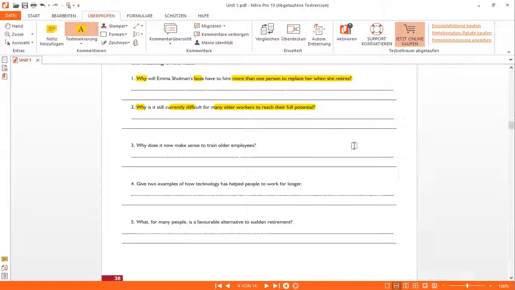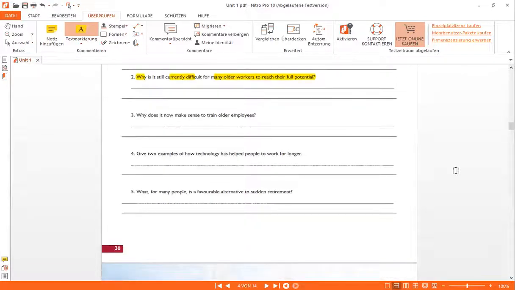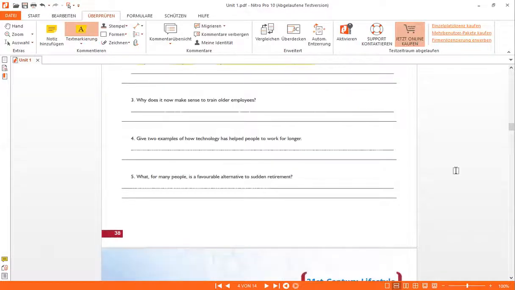Okay, so there is no question that says why, and then you'll have to write the reasons. But for number two, it's because there were a set of legal regulations that prevented people from reaching their full potential, and also companies undertook certain steps that prevented people from working beyond their retirement ages.